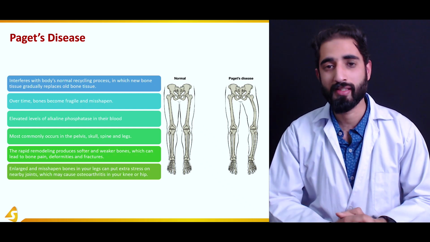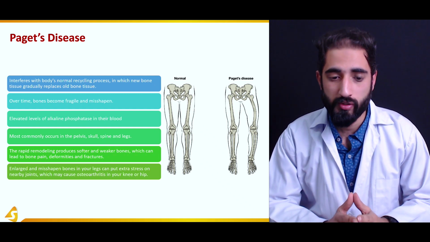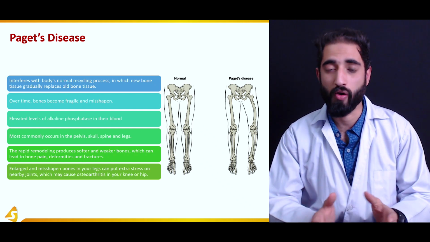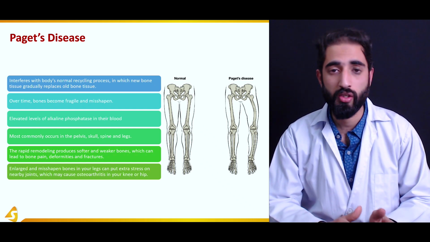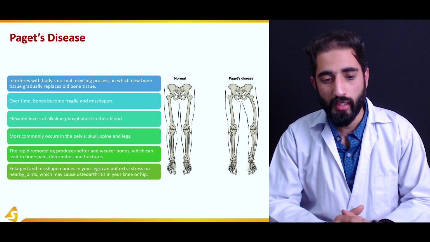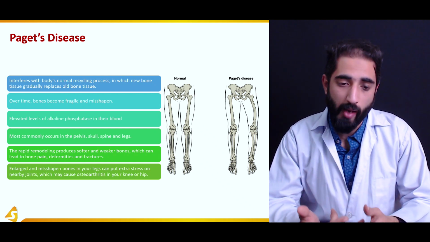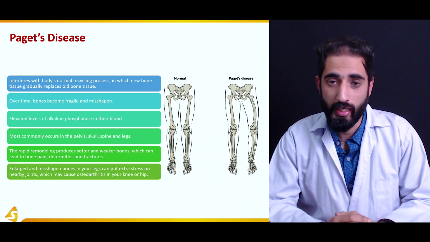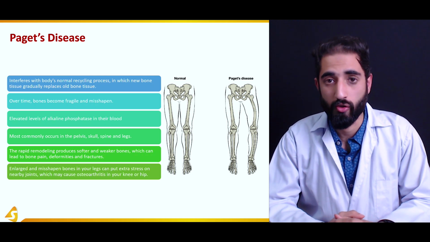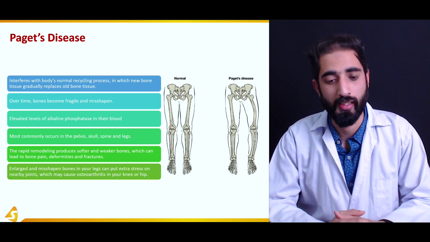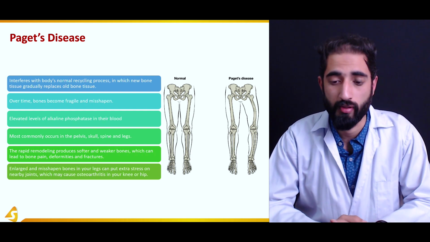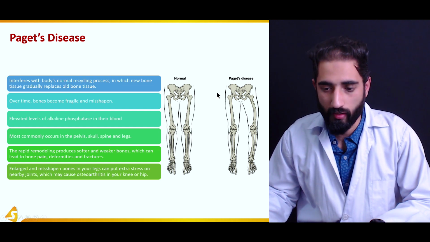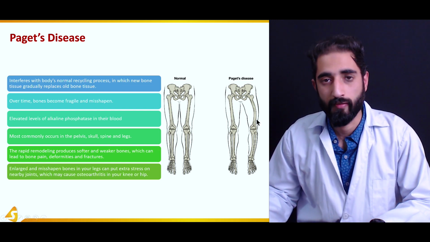But in Paget's disease, there is a disruption of this recycling process of the bone, which is a process of mineralization and demineralization. Because of this abnormal process, as time passes, the bones become weak and fragile because they are not properly remineralized, they are not properly healed, and they also become misshapen. As you can see in this picture, there's bowing of this leg.